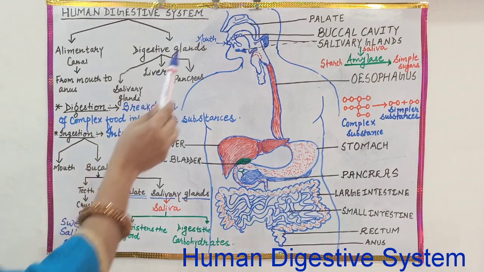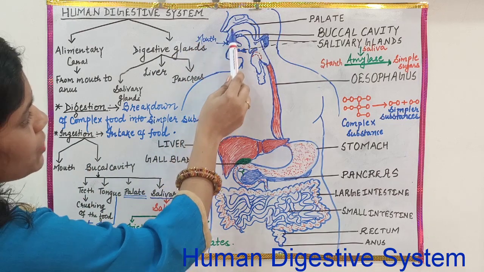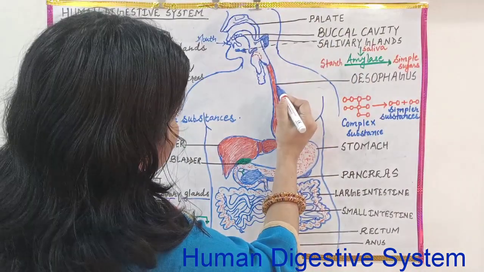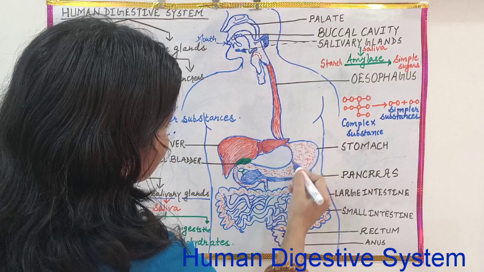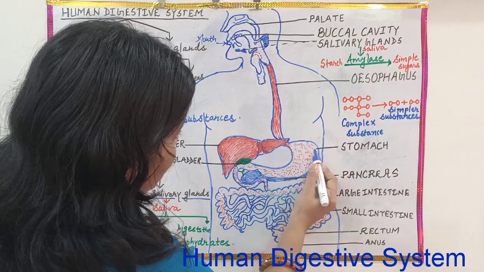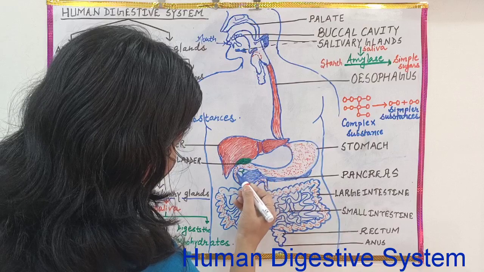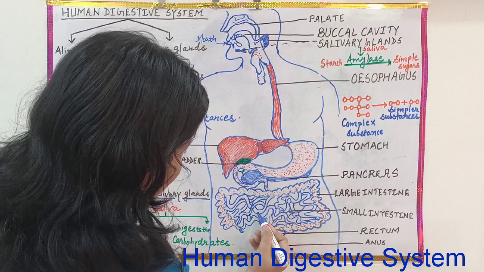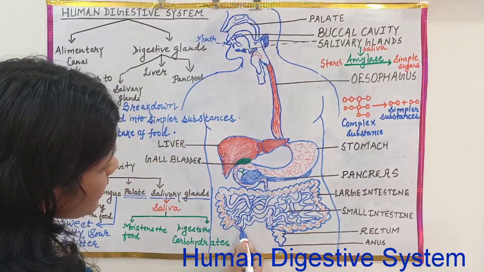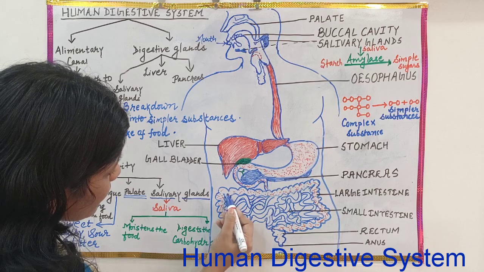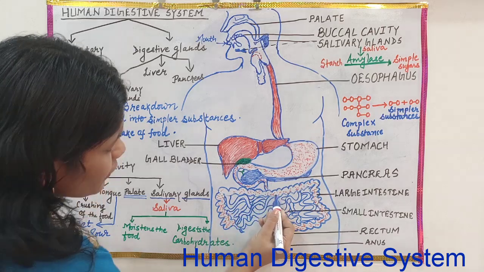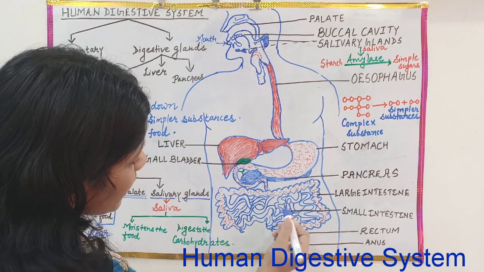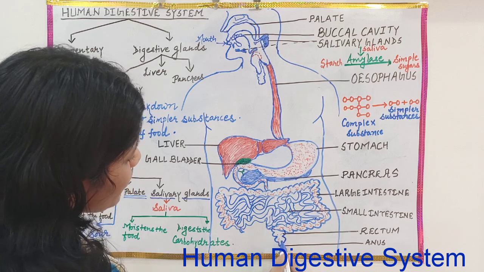The organs are the mouth leading to the buccal cavity, the buccal cavity leading to the esophagus, the esophagus leading to a bag-like muscular structure called the stomach, the stomach leading to a highly coiled almost 6 meter long tube which is called the small intestine, and a long tube almost 1.5 meter long called the large intestine. The large intestine leads to the rectum which leads to the anus.